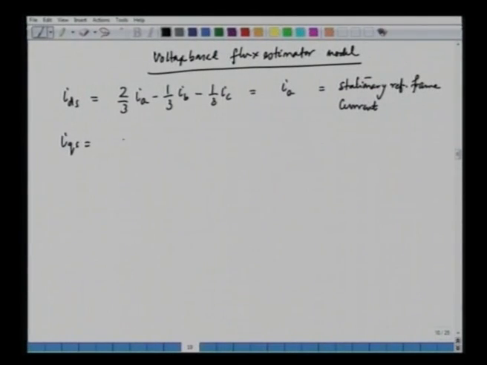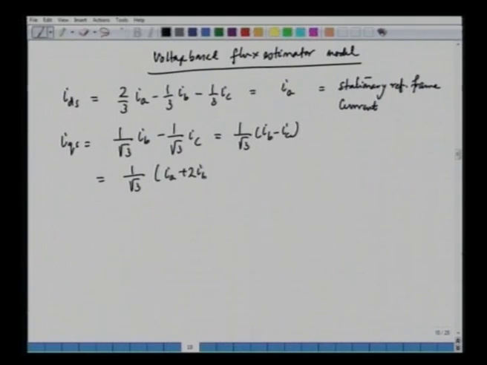So, IQS is equal to 1 by root 3 into IB minus 1 by root 3 into IC, that is equal to 1 by root 3 into (IB minus IC), and that is equal to 1 by root 3 into (IA plus 2 IB), because we know that IA plus IB plus IC is equal to 0.